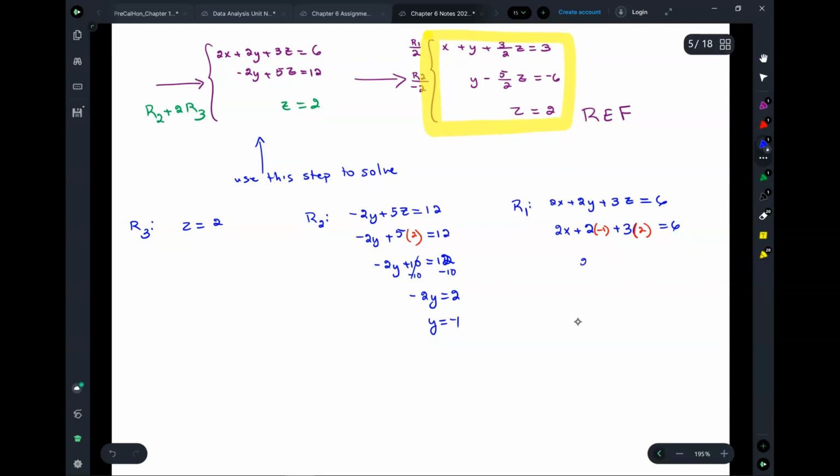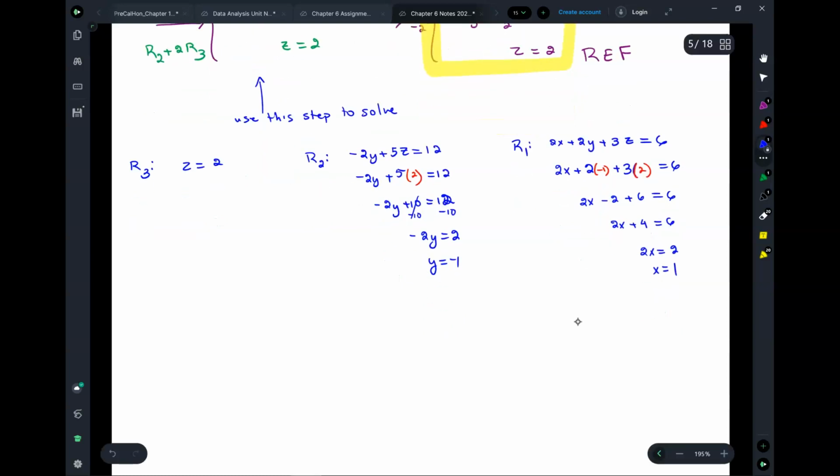So 2x minus 2 plus 6 equals 6. 2x plus 4 equals 6. 2x is 2, x is 1. So this bottom part was basically algebra 1.